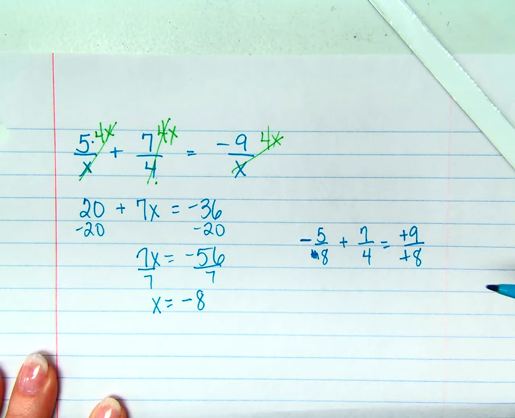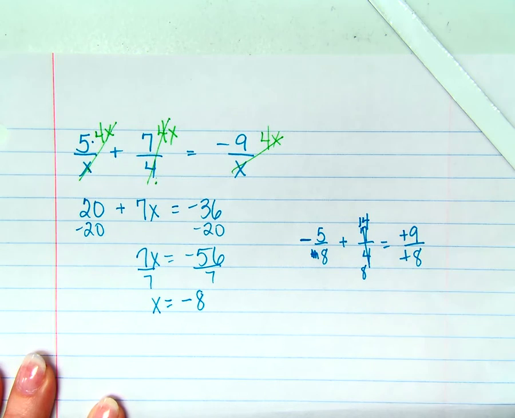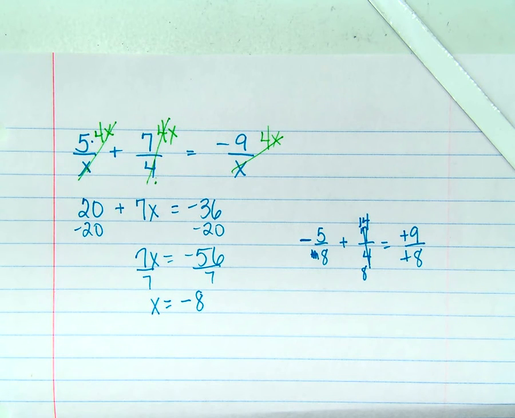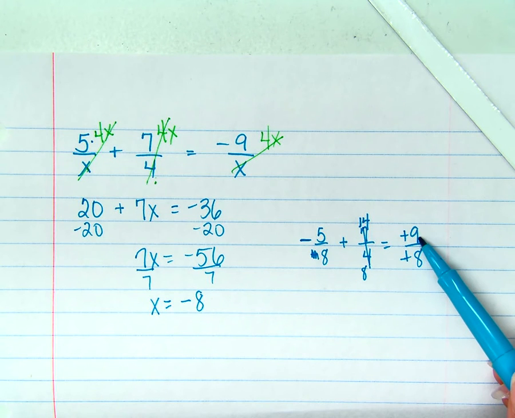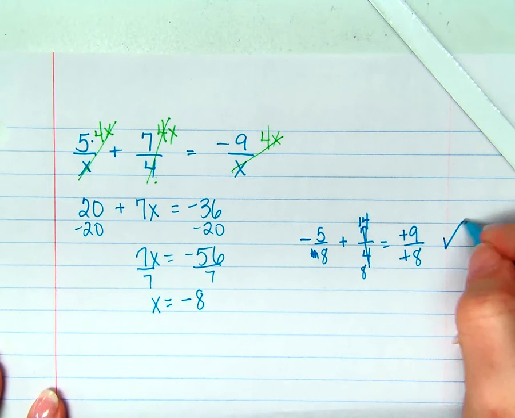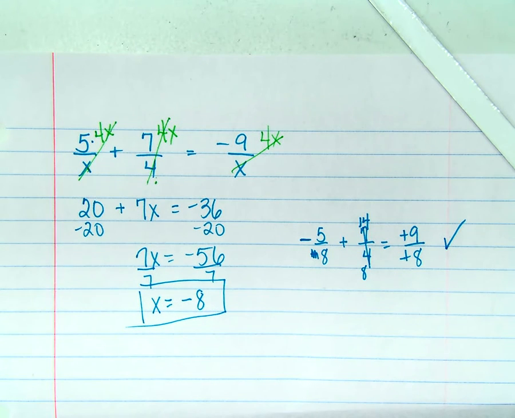Positive. And then I'm going to make this 14 over 8. Anybody have a problem with that? What's negative 5 plus 14? 9. Does it work? Boom. That's my answer.